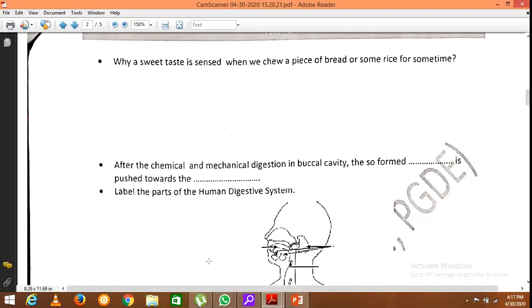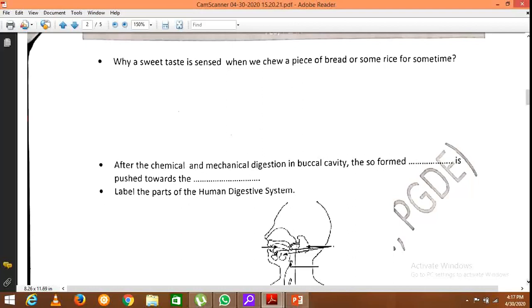So here it says, after the chemical and mechanical digestion in buccal cavity, the so formed bolus is pushed towards the pharynx. So remember, both chemical and mechanical digestion initiate inside the mouth or the buccal cavity.